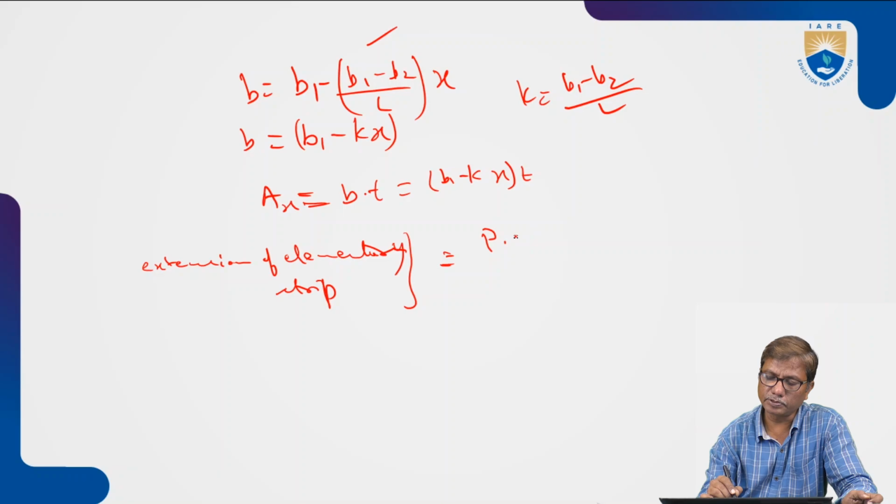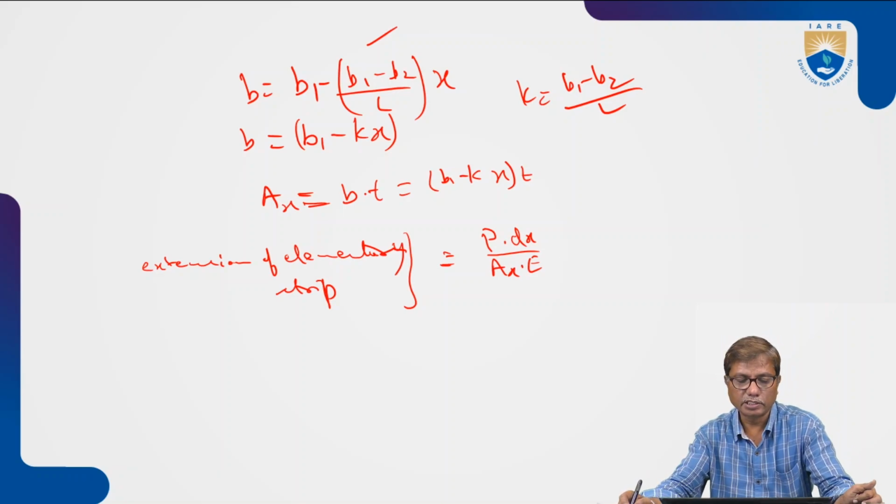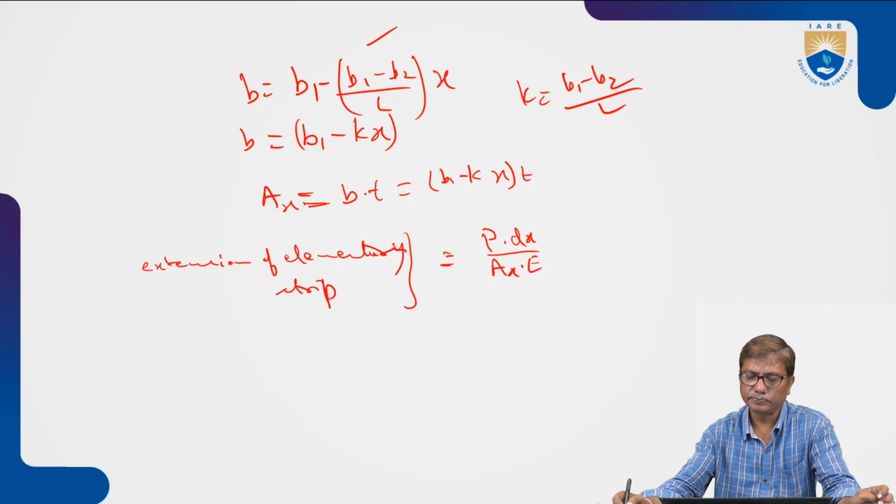Length of the elementary strip is dx, divided by Ax into E. Okay, Ax means area at distance x, which is b into t.